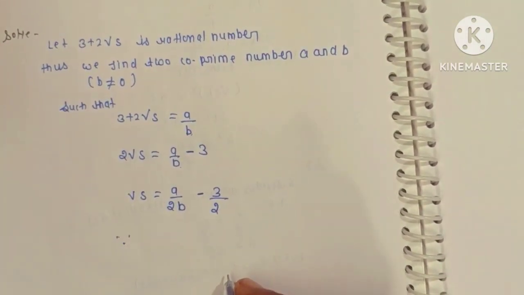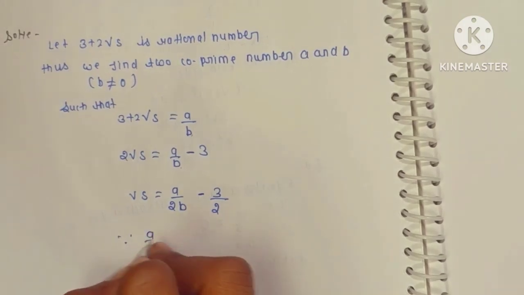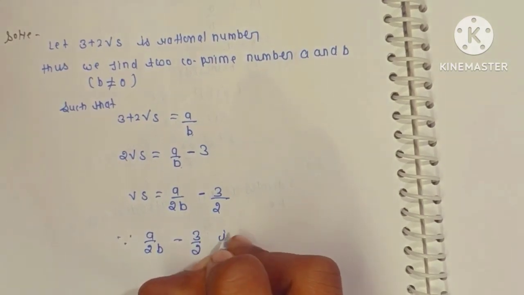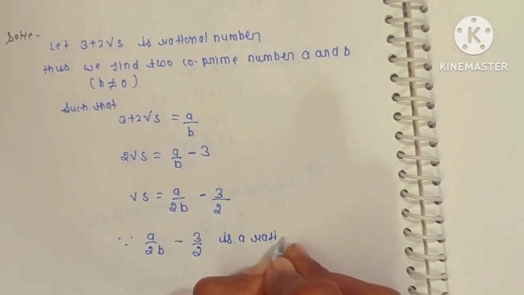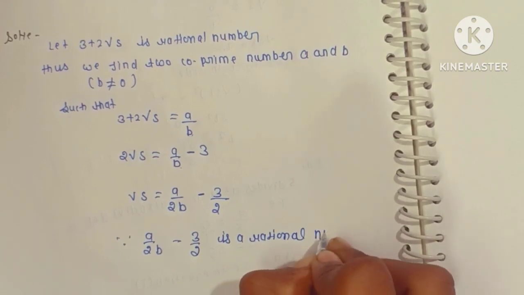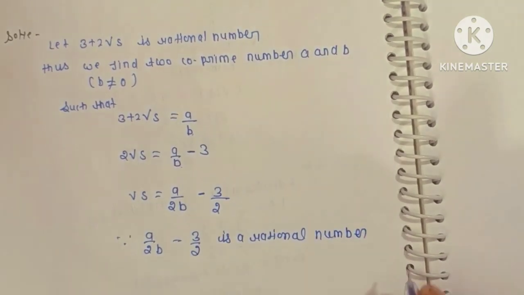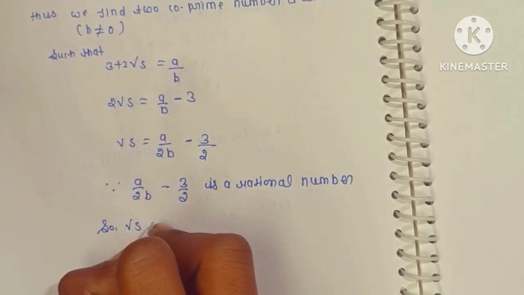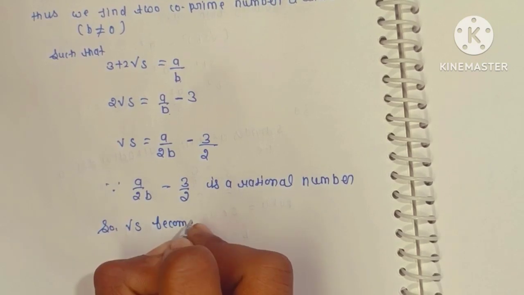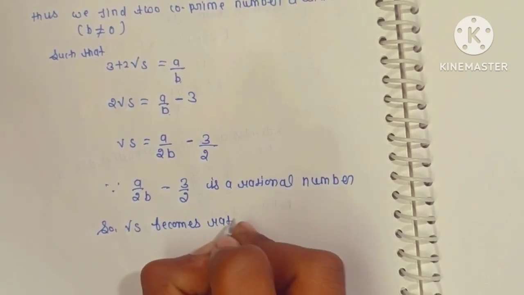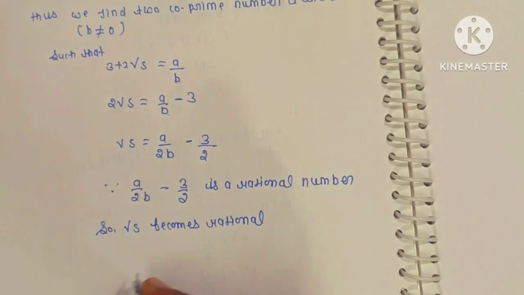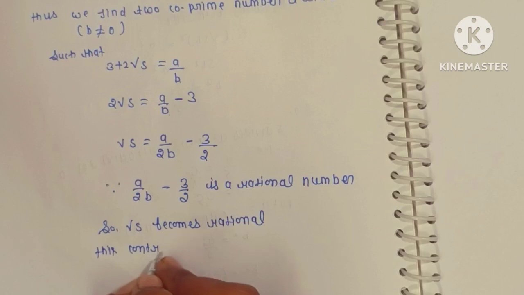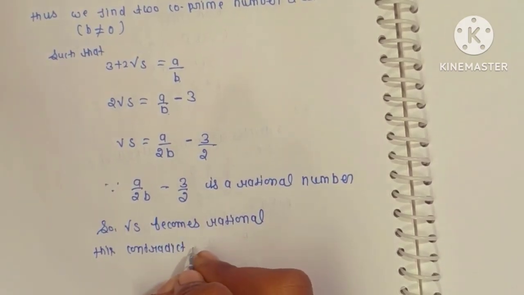Since a upon 2b minus 3 upon 2 is a rational number, root 5 becomes rational. This contradicts our fact.